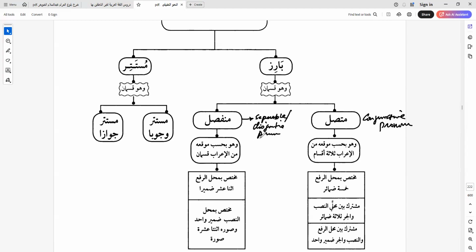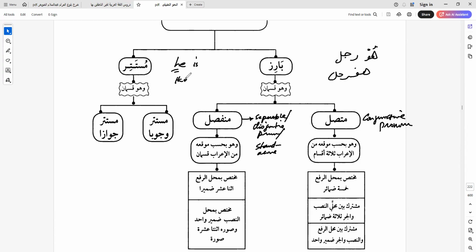So munfasil, the pronoun is always standing alone, or standalone. Standalone pronouns cannot be connected, like huwa. You can't connect the huwa and say huwa rajulun like this. So damir munfasil is basically like the normal English pronouns. They can't connect. He is.